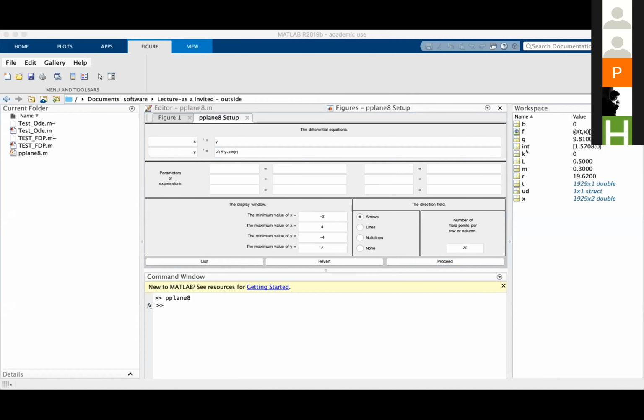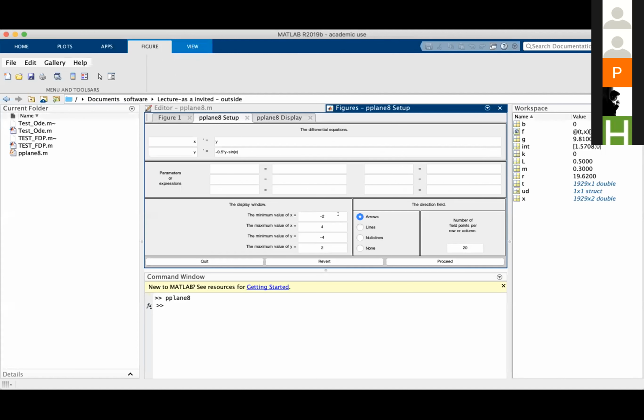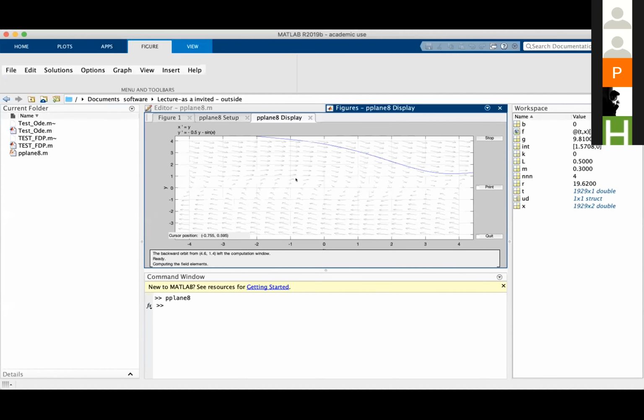Yes. So here you can see very interesting things we are going to see. The phase portrait, is it visible? Now it is visible, right? Yes, everything is visible. So you can see this is the phase portrait you are getting.